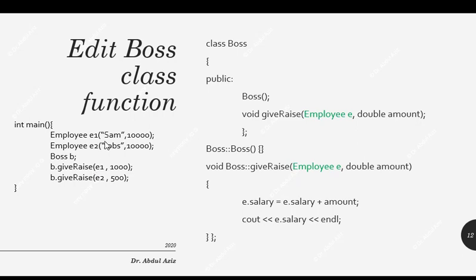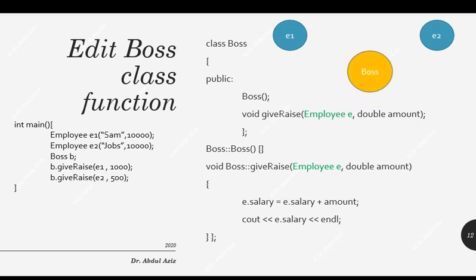This E1 is Sam, and we are going to increase the salary of Sam by 1000, and then we have called the function again, b dot give raise, and now we have passed object E2, which means the object of Jobs, and it will increase the salary of Jobs by rupees 500. So this is basically the concept. We have created E1, then we have created E2. These are two different objects. E1 is Sam, E2 is Jobs.